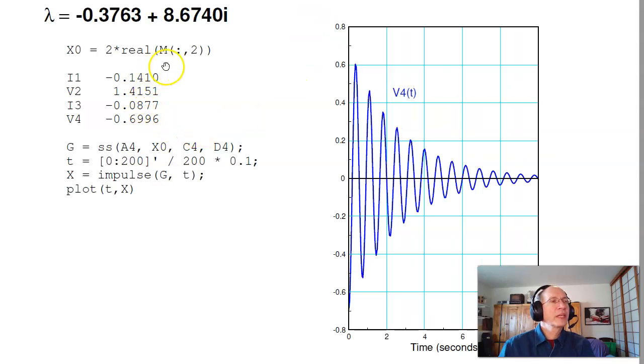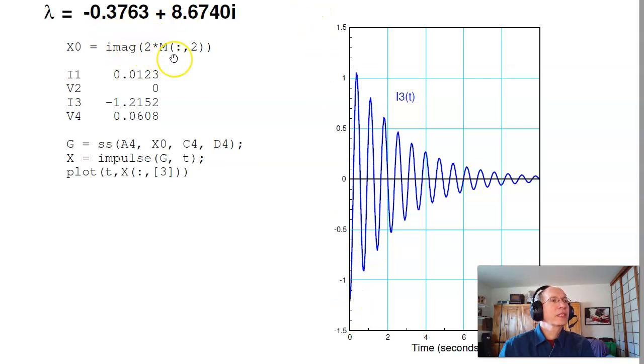If instead I make the initial condition the real part of the second eigenvector, same thing as before, just change the initial condition. Now, this decays as e to the minus 0.37t, takes about 10 seconds to decay, and oscillates at 8.67 radians per second. So that's the real part, that's your cosine function. You can notice it starts at a peak.